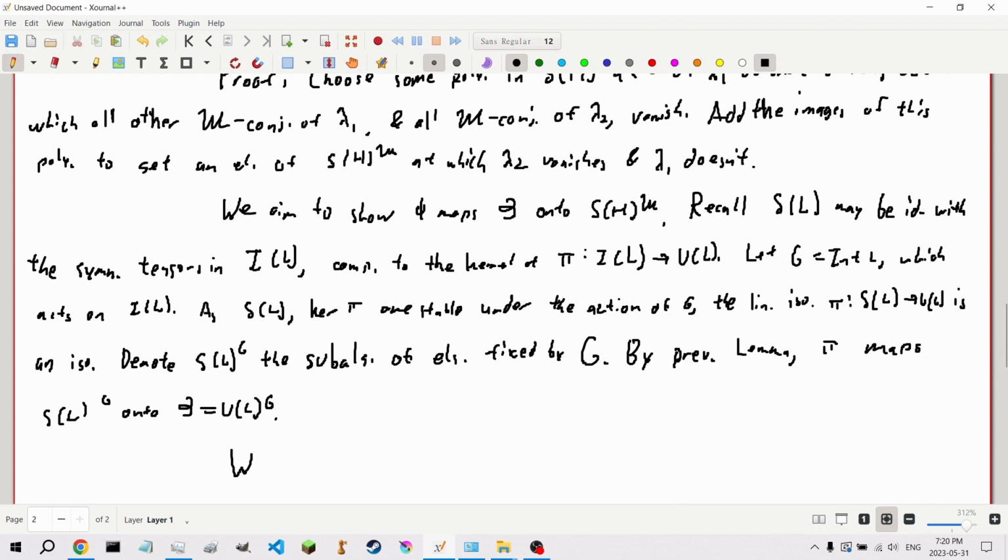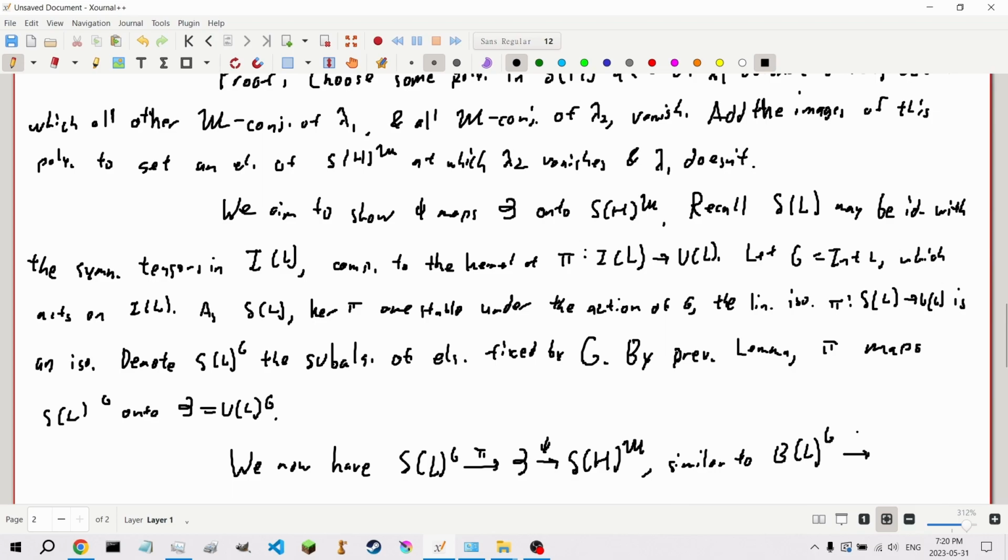So to overview, we now have S of L to the G mapping by pi to that, mapping by psi to S of H to the Weyl group, which is similar to the function from B of L to the G, old theta, to B of H to the W.